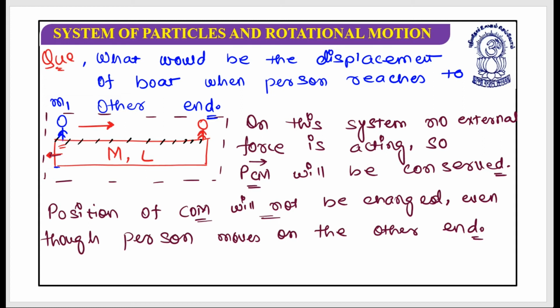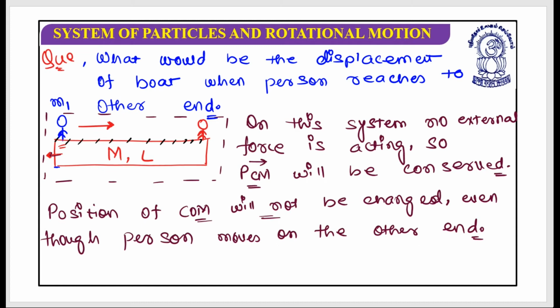Do you understand this? When the person is moving in the forward x direction, the boat will be shifting in the negative x direction, so that the position of the center of mass does not change. The same case is true when we fire a bullet. The bullet is moving in the forward direction while the gun is moving in the negative x direction. Why? Because when we fire the bullet, no external force is acting on the system of gun plus bullet.